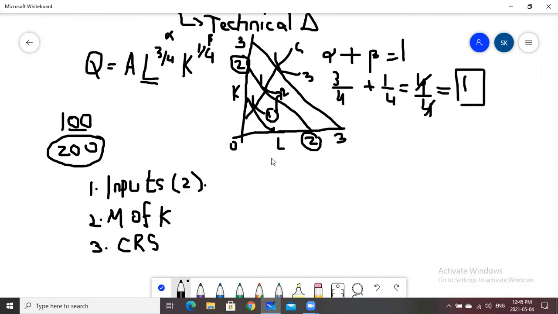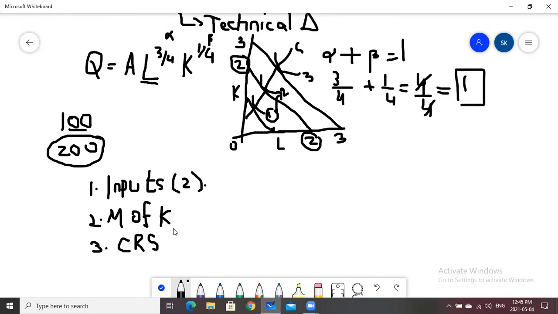Some inputs are scarce, suppose capital is scarce or labor is scarce, especially skilled labor, and cannot be increased in the same proportion as the input which is abundant. On the other hand, inputs like machines, entrepreneurship, etc., are indivisible. As output increases due to the use of indivisible factors to their maximum capacity, costs per unit always fall.